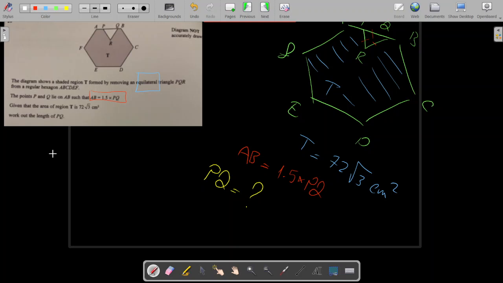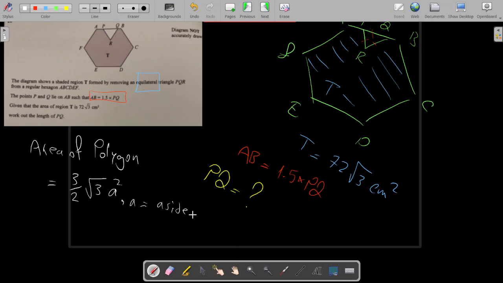The first rule is the area of a polygon. How can you find the area of a polygon? The area of the polygon is equal to 3/2 square root 3 of a square, where a is a side of that polygon.